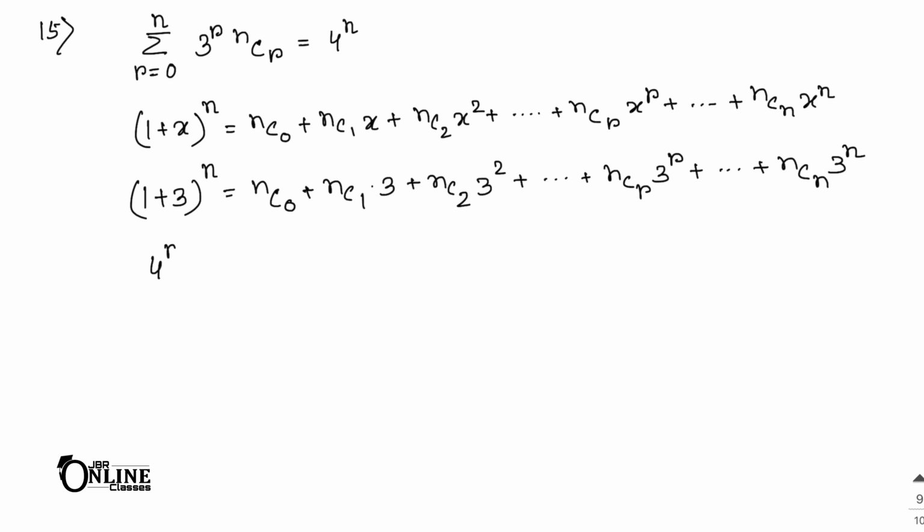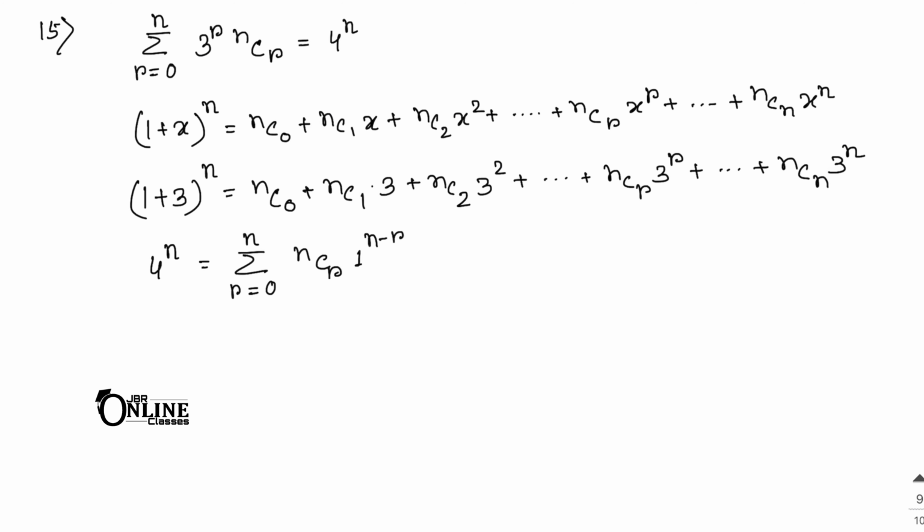So this one will be 4 to the power n, and in the right hand side you can write this as summation r equal to 0 to n, ncr, 1 to the power n minus r, and the next one 3 to the power r. So that equals summation r equal to 0 to n ncr and then 3 to the power r. It's proved.